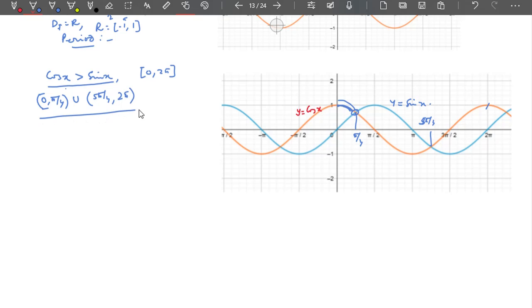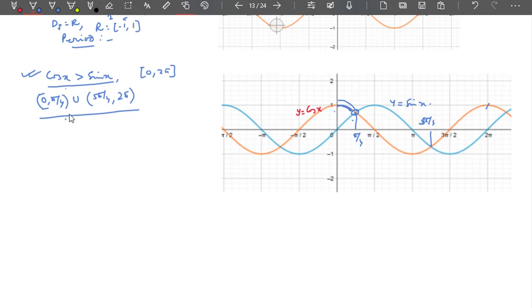That is your answer. From 0 to pi by 4, cos x is greater, and then from 5 pi by 4 to 2 pi, cos x is greater. Okay, you got the result. Now you can generalize it by using general angles by adding 2 n pi.